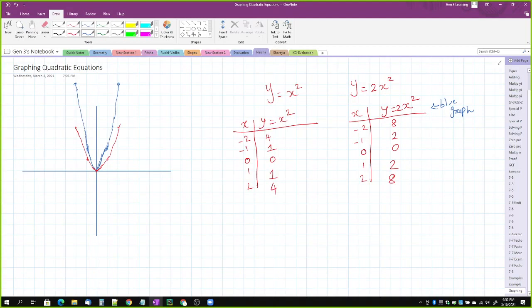Okay. So if we draw one more graph, let's do a green one here, where y is equal to negative x square.